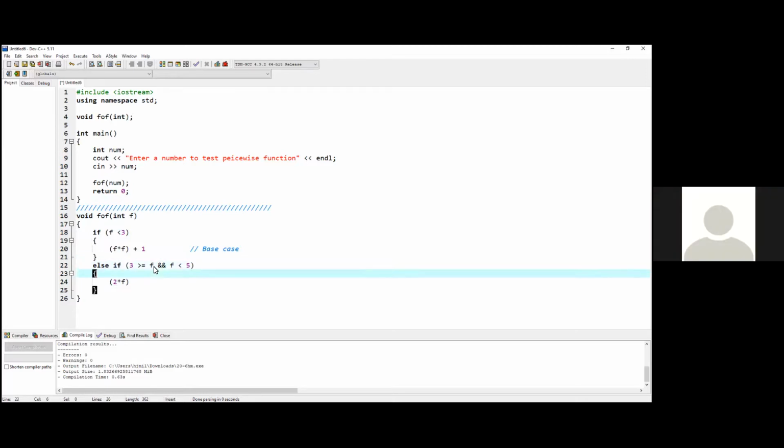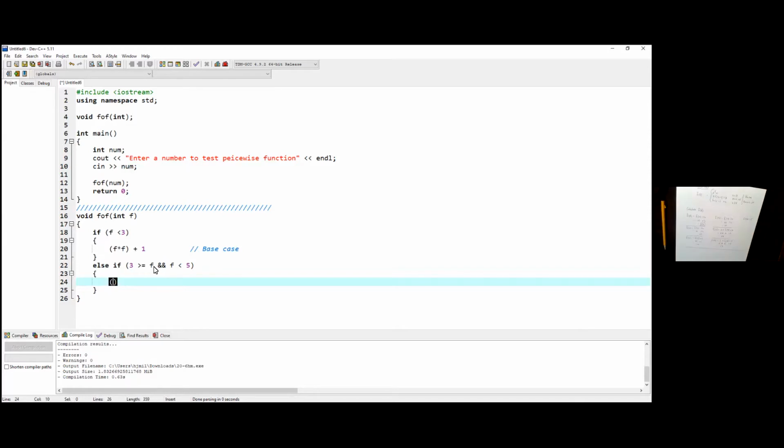So calling f of, with parentheses, f of f times 2. 2 times f, so put a 2 times out in front.